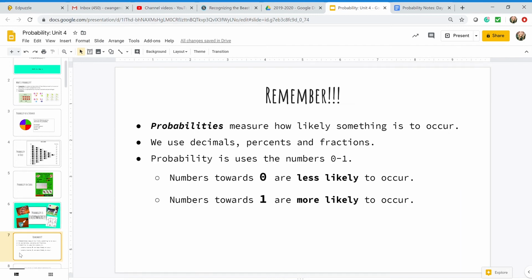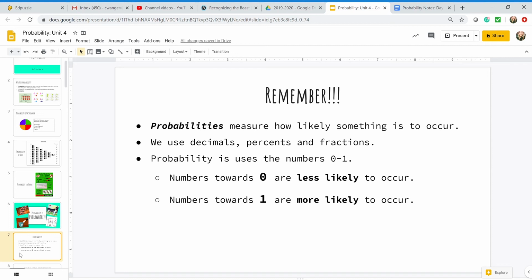So one thing to remember is probability measures how likely something is to occur, right? We use decimals, percents, and fractions as a means of measurement to help us understand probability, and probability uses the numbers 0 through 1. Numbers towards 0 are less likely to occur, and numbers towards 1 are more likely to occur.